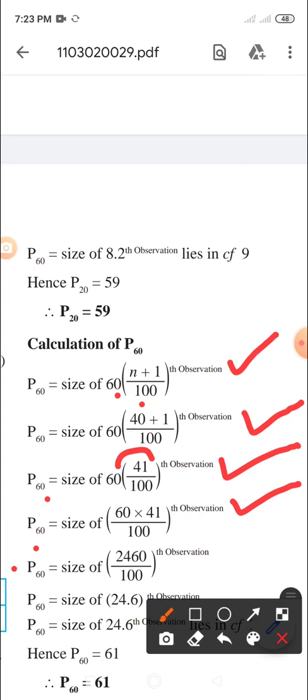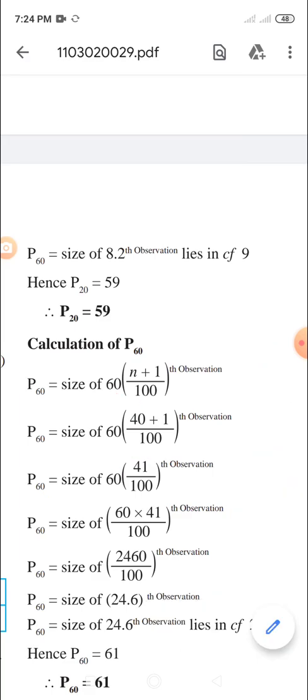So P60 is equal to size of 2460 upon 100th observation.